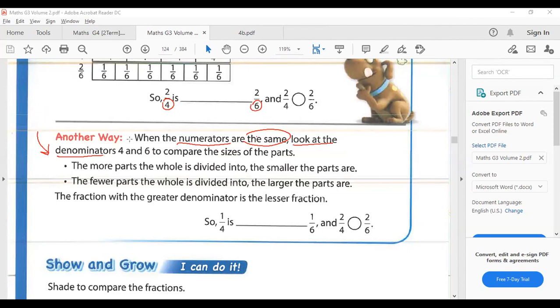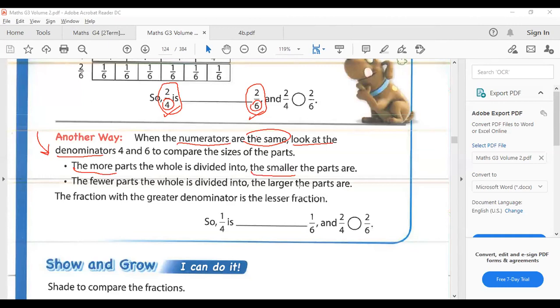So how many equal parts for the first fraction? It is 4. For the second fraction, it is 6. So compare between 4 and 6. Which is greater? 6 is greater. So the more parts the whole is divided into, the smaller the parts are.